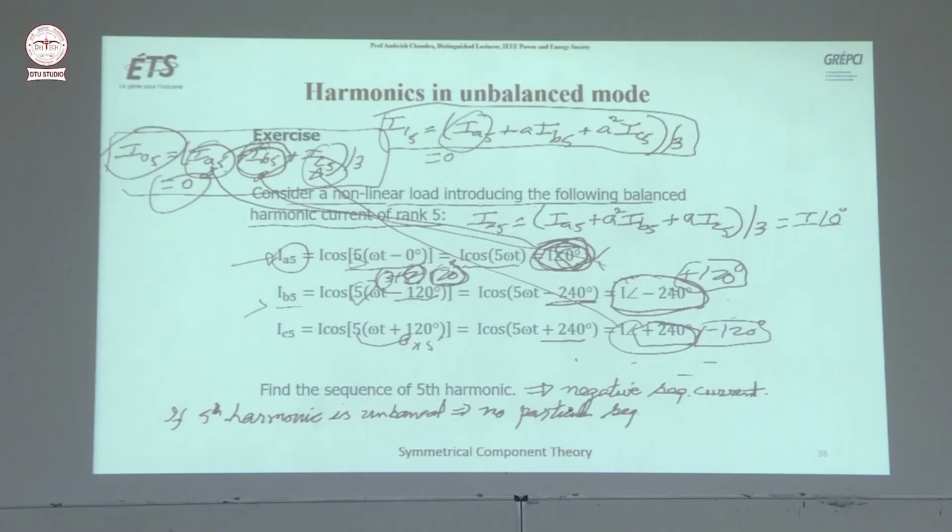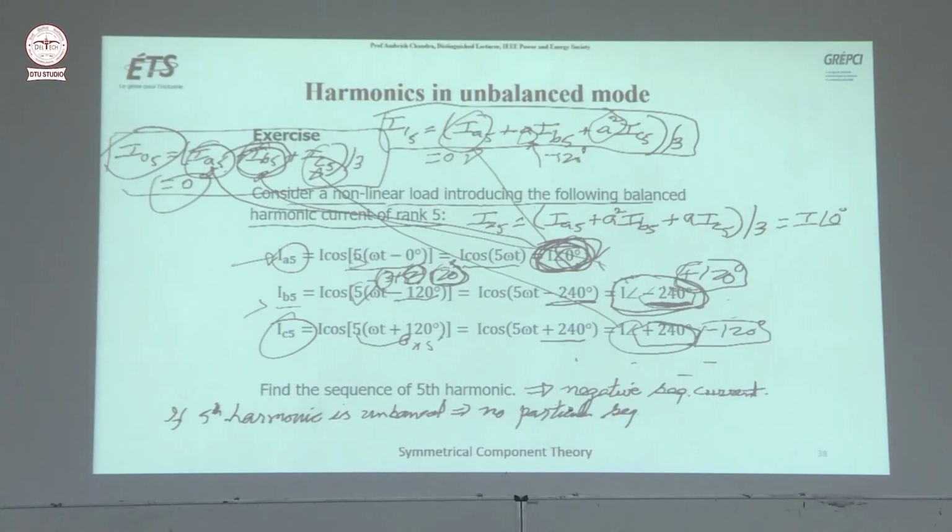Same way, you can calculate I15. So IA5 is this value, 0. IB5 is this and A is there: minus 240 plus 120, so that will be minus 120. And here you have A square for IC5.